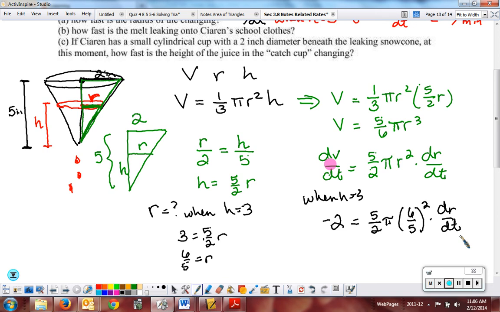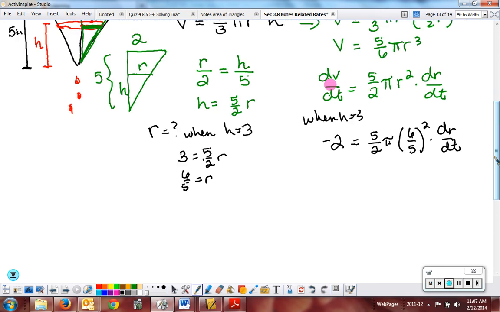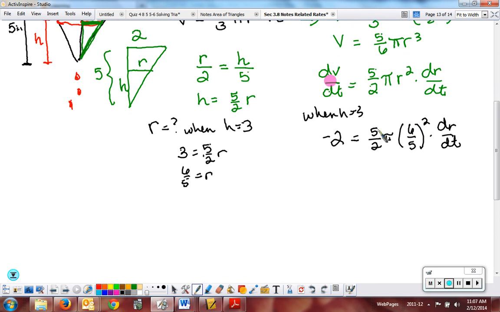Then we do some arithmetic, which is simply square, square, cancel, cancel, move it to that side. dR dt ends up being the answer, and what are my units? Inches per minute.